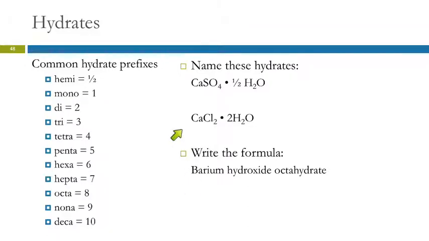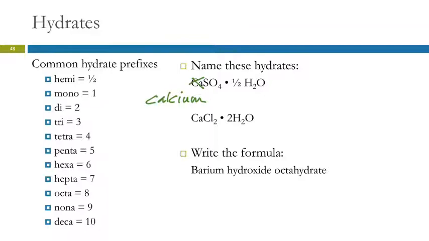So let's practice a little bit. Let's name these hydrates. We've got CaSO4.1/2H2O. Well, naming these guys, we've got calcium. Does calcium need a Roman numeral? No, it doesn't. So we named calcium, got that guy out of the way. Then everything else, the SO4, has one name.